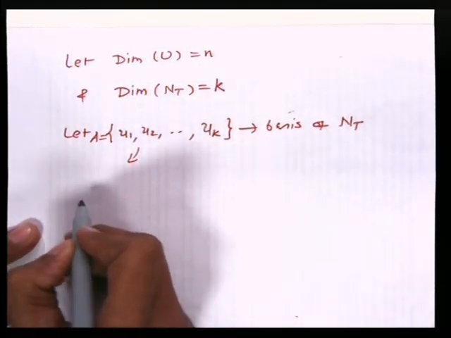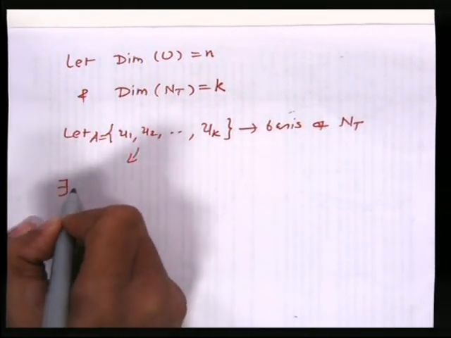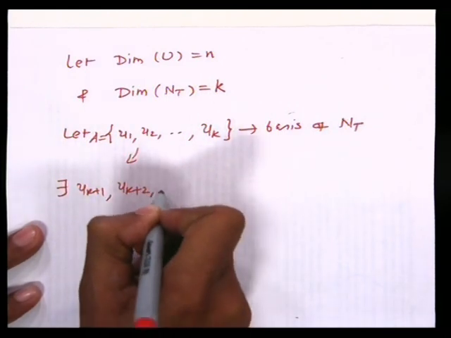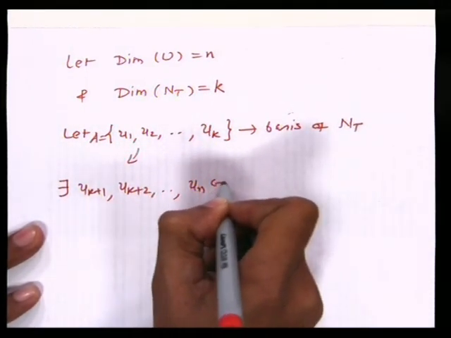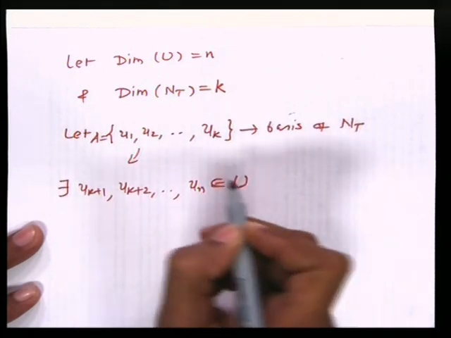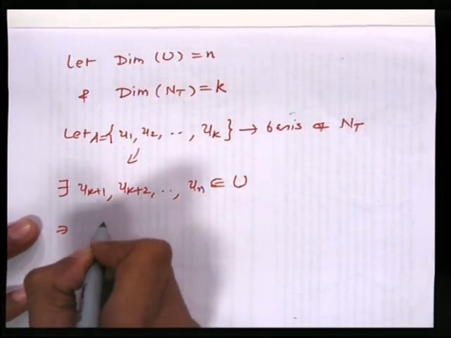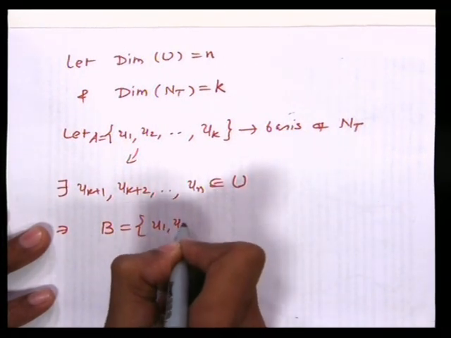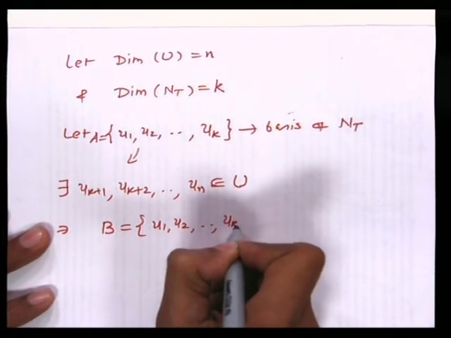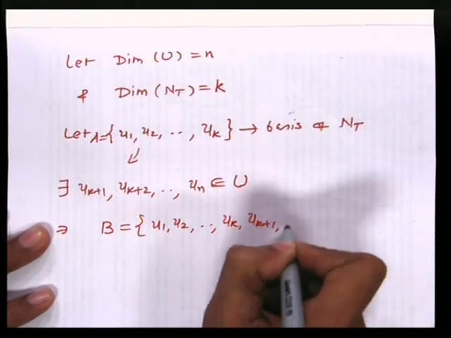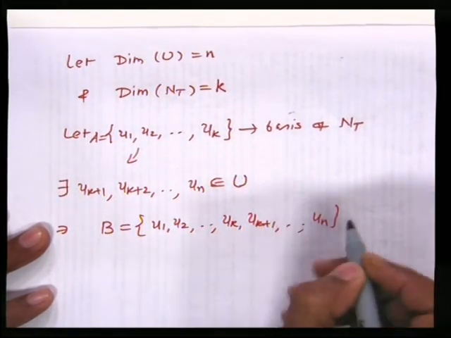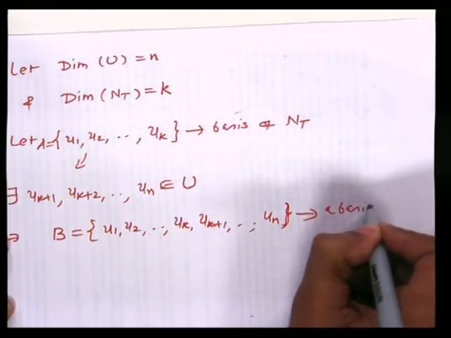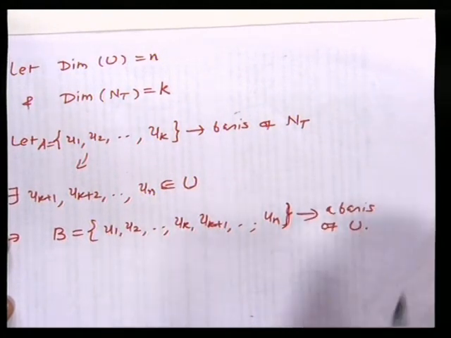So there exist some vectors uk plus 1, uk plus 2, up to un belonging to U, such that the set B containing vectors u1, u2, up to uk plus 1 up to un becomes a basis of U.